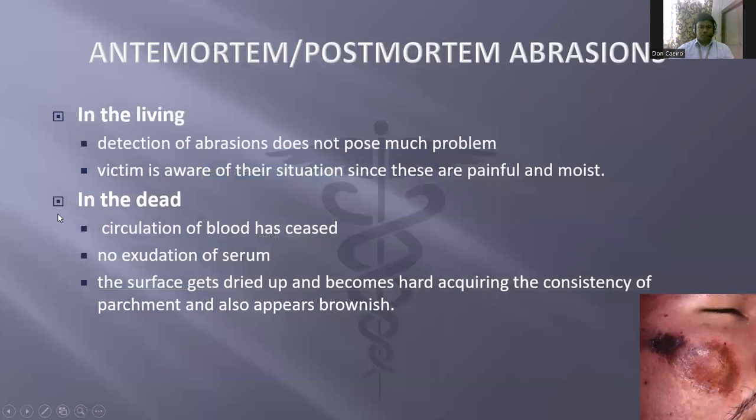But post-mortem, that is after a person dies, there is no circulation of blood. That means there is no exudation of the serum, and therefore the surface gets dried up and becomes hard, acquiring the consistency of parchment and also appearing brownish. So you normally will not see an abrasion how we would normally see it if it is an antemortem abrasion.